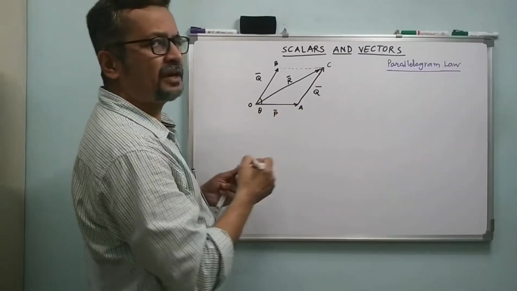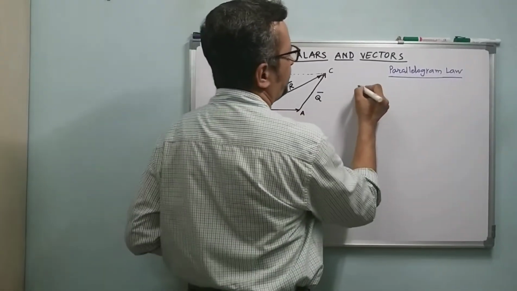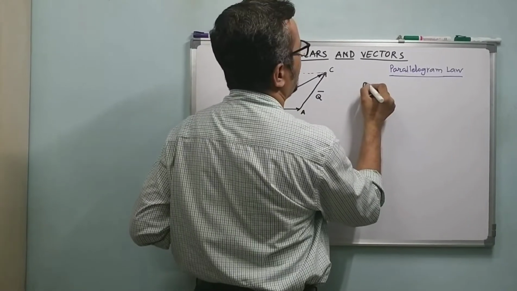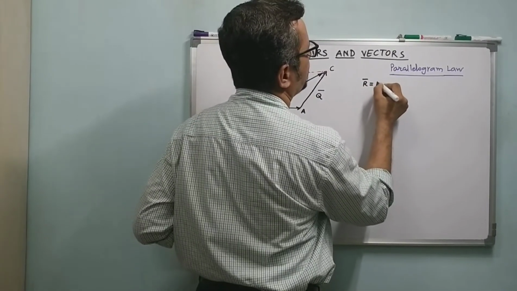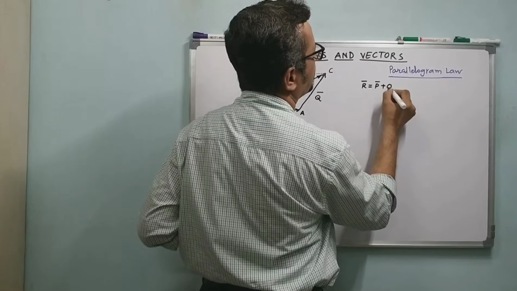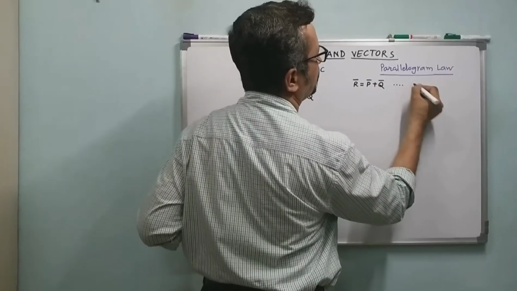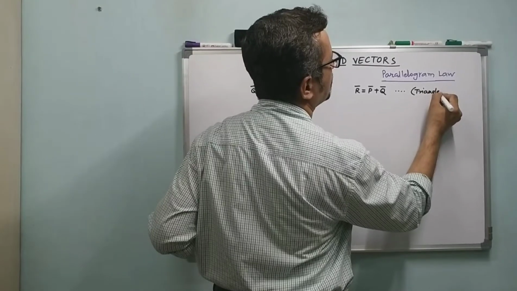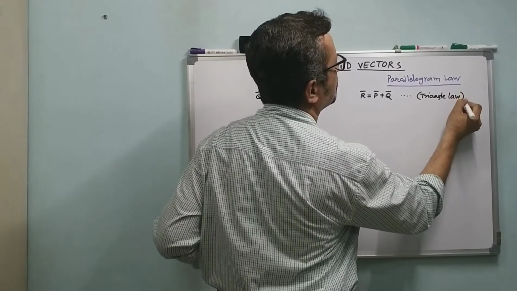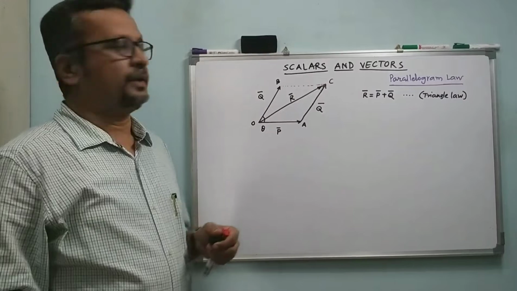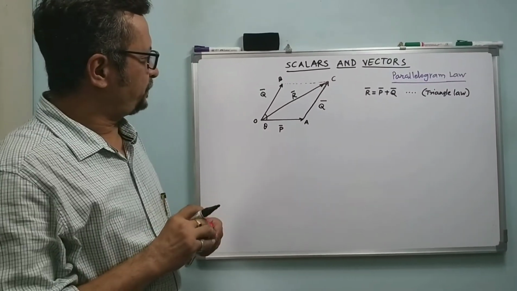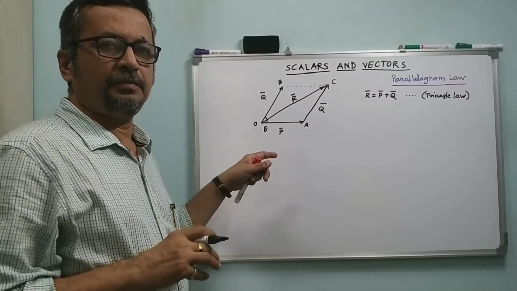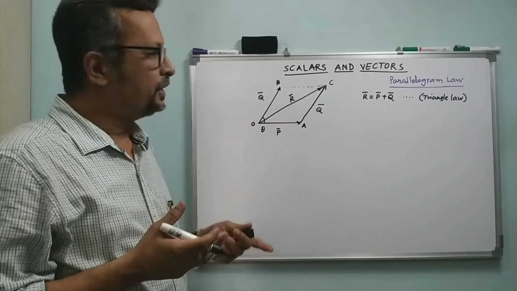So let us start writing it here. My R bar is equal to P bar plus Q bar, which we got from triangle law. Alright, we got the resultant.